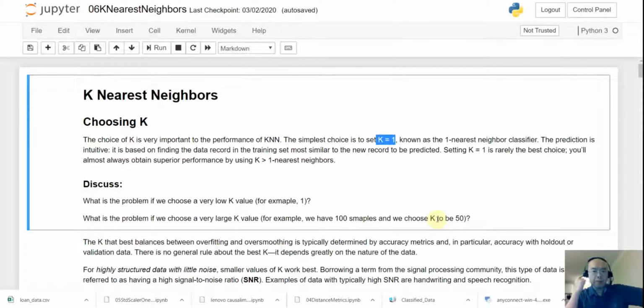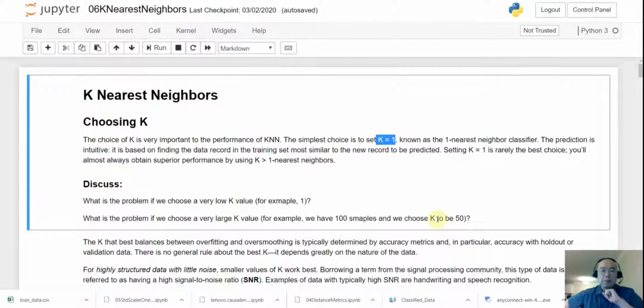We are picking half of the size of the data set as the k-value, right? So this is definitely a large k-value. If we do that, the first problem is that if the k-value is large, the model will be slower. We don't want that. So that's the first problem. And what is another problem?